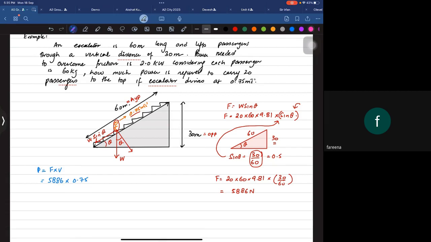Here I want to make an important point that force and velocity must be parallel. And this is the reason we are taking this component of the force. Understood?